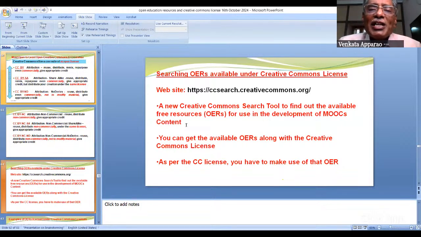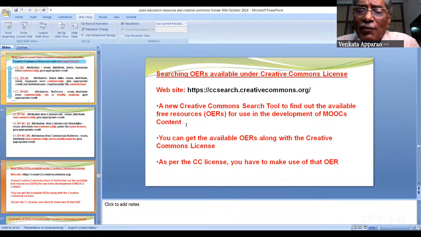Searching OERs available under Creative Commons license. What kind of OERs are available under Creative Commons licensing related to your discipline of knowledge? This is the website: ccsearch.creativecommons.org, a new Creative Commons search tool to find the available free resources for use in the development of MOOCs content.